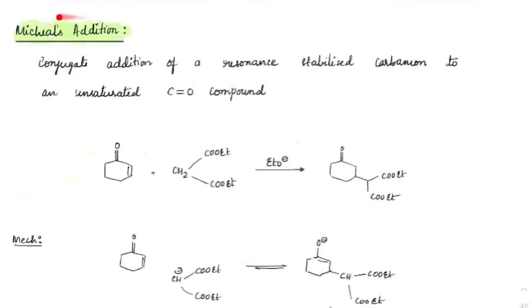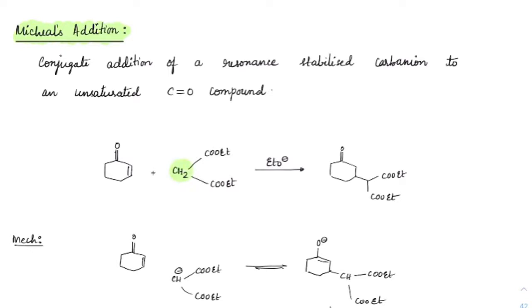Next one is Michael's addition, which we have done already in aldehydes and ketones. Check it out. Basically, when you have a conjugated carbonyl compound, suppose C double bond C in conjugation with C double bond O, and we treat that with an active methylene.